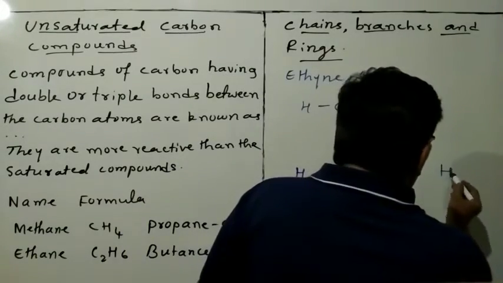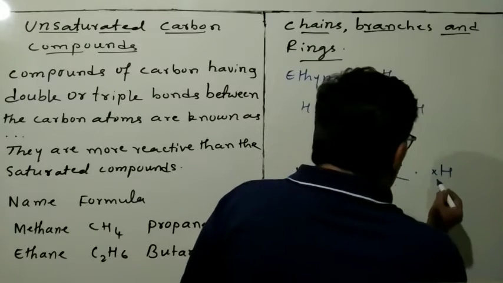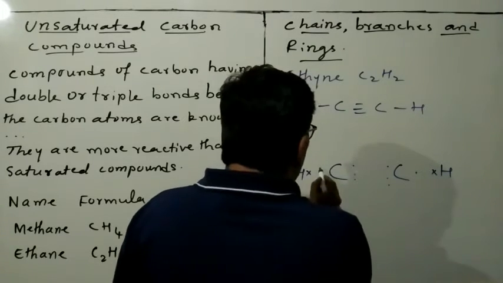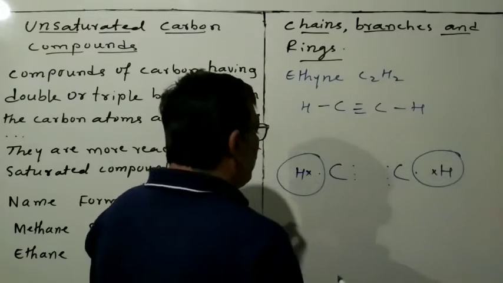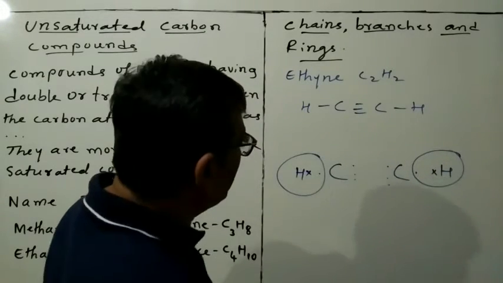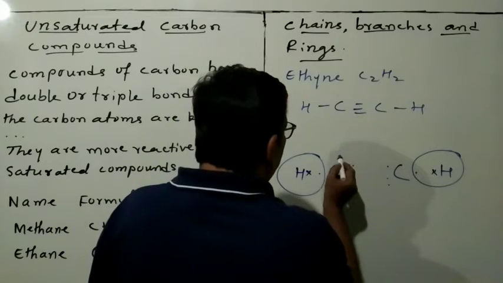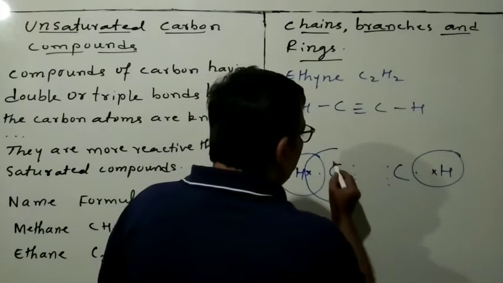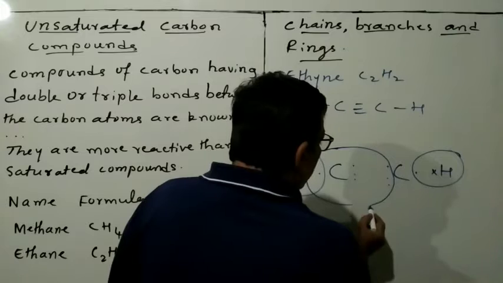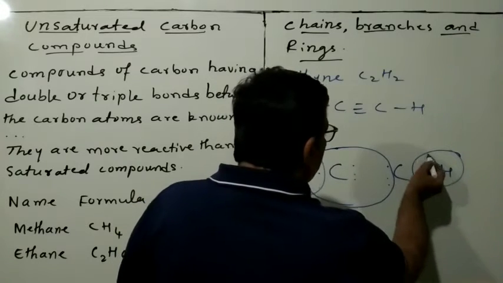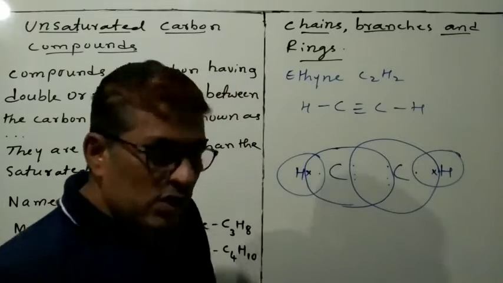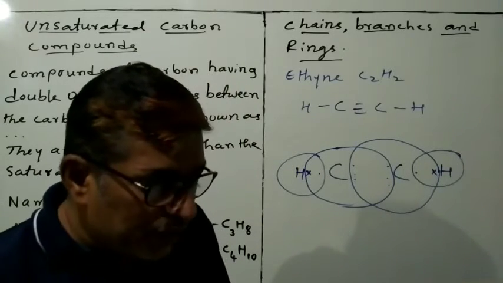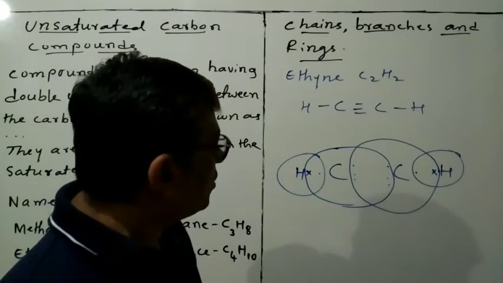Give the hydrogen X here and X here. Now what about the carbon atoms? Carbon atoms start from here and here. So like this. This is the electron dot structure.